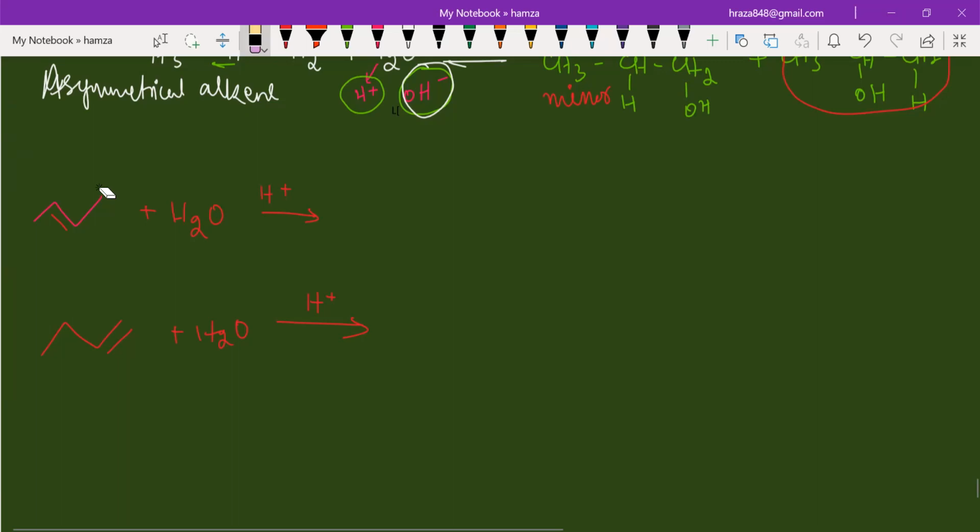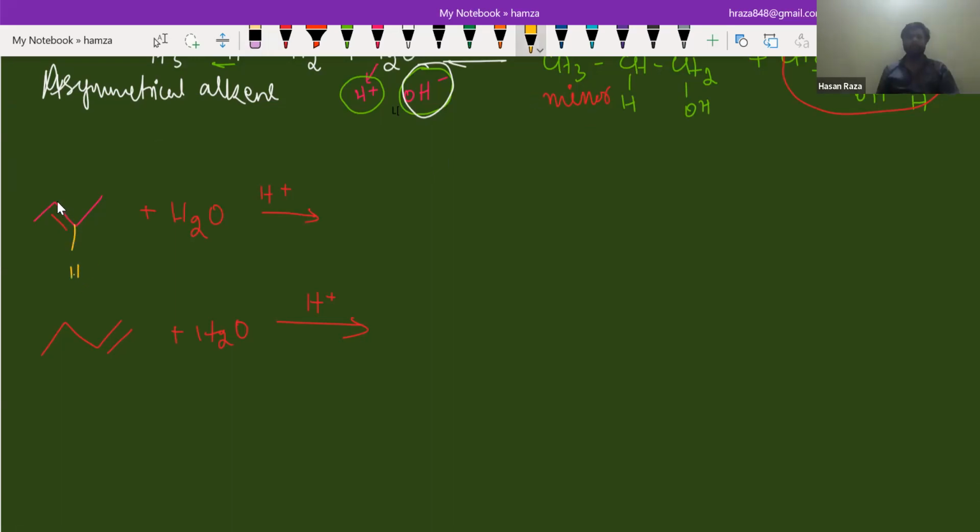Asymmetrical, because... No, it's symmetrical, I think. If you break the bond here, won't it be symmetrical? It is like this part and like this part, they are almost symmetrical. And in order to find whether it is symmetrical or not, just count the number of hydrogens on the carbons across the double bond.